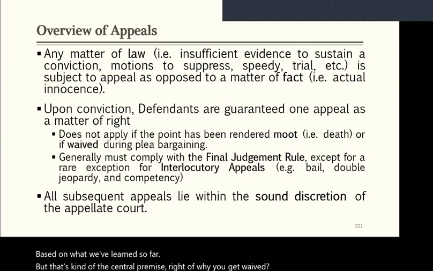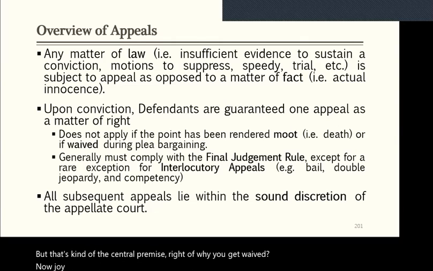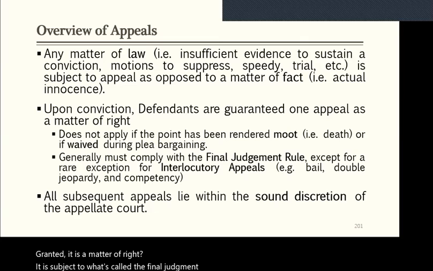Now, generally speaking, an appeal granted as a matter of right is subject to what's called the final judgment rule. The final judgment rule is this notion that, let's say the court should have suppressed a gun, right?